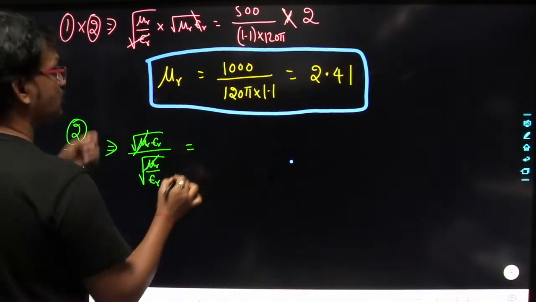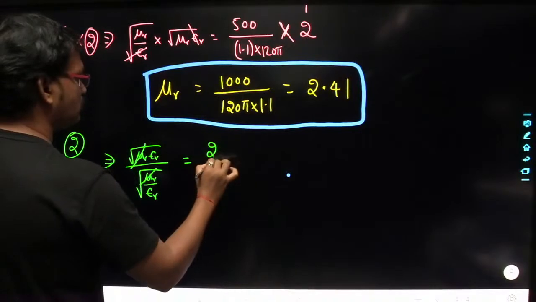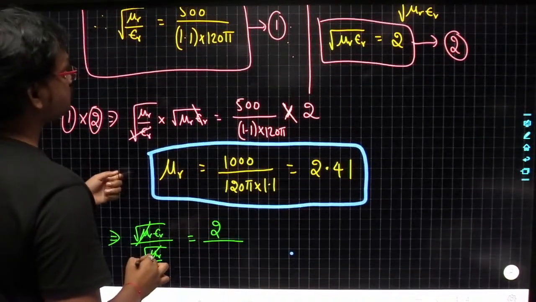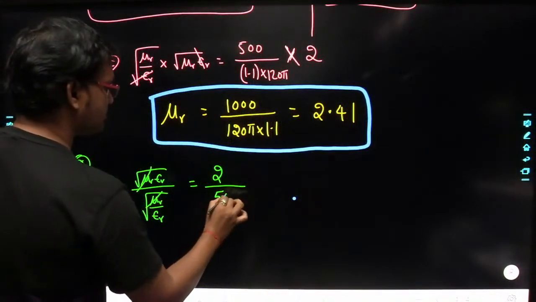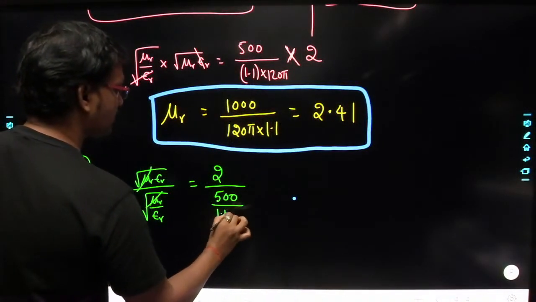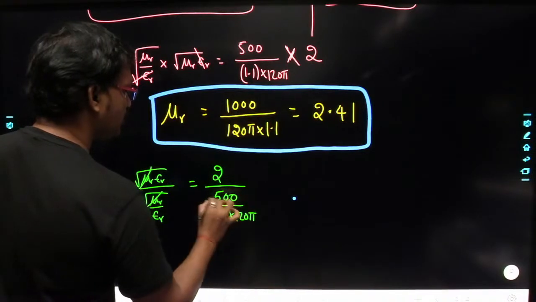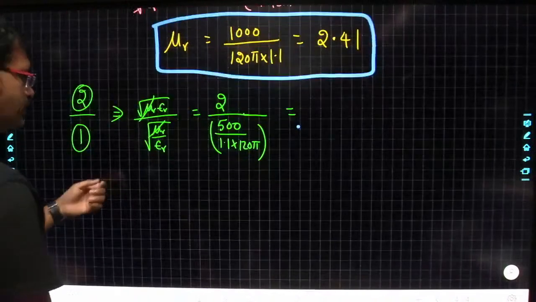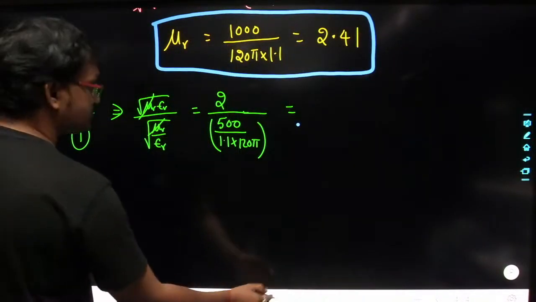So this is equal to 2 divided by what? 2 divided by 500 divided by 1.1 into 120 pi, right? So do this one here, and you are going to get the epsilon r value.